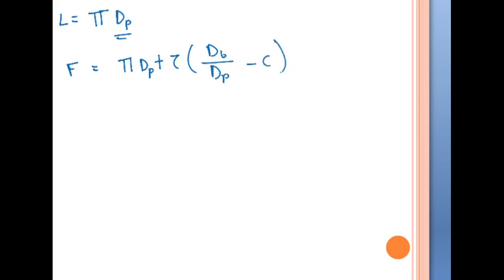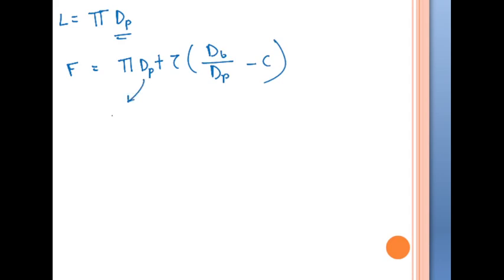L will be pi into D, where D is the diameter of the punch. Therefore the force required in deep drawing operation will be F = pi dp t tau, (D/dp minus C).